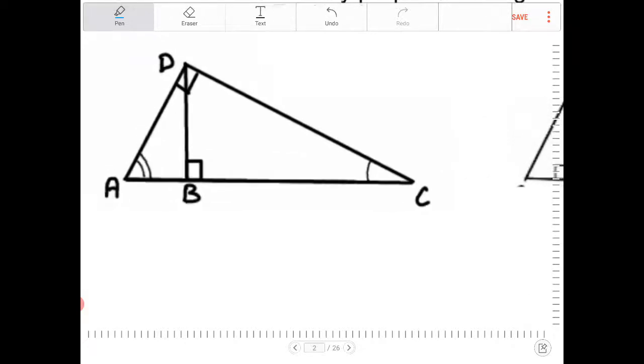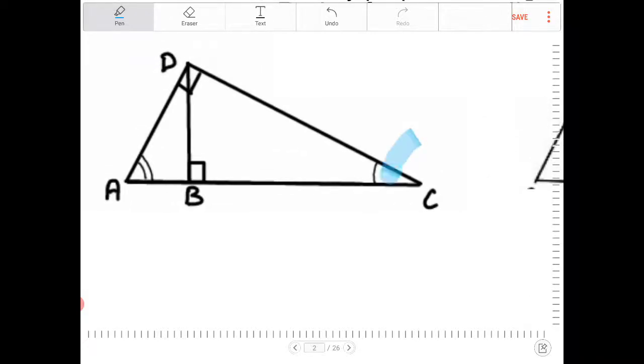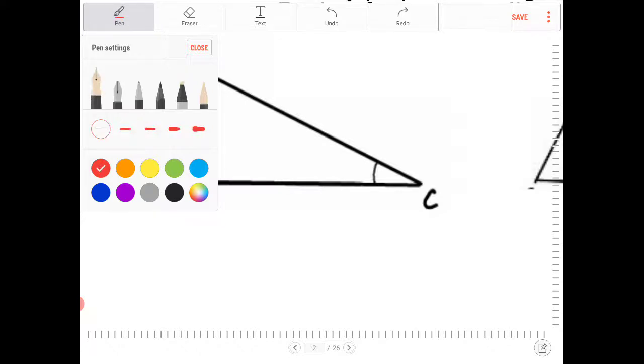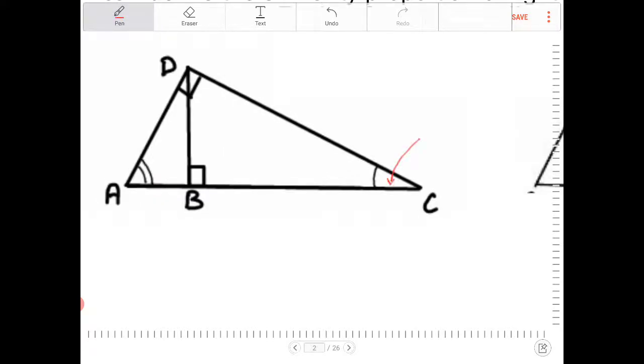Because of these two angles here, which I have no idea what they are, let's call this P, and this angle here, let's use Q. And I have no idea what this one is, let's call it S. So imagine this with me: S plus P plus 90 should equal 180, right?